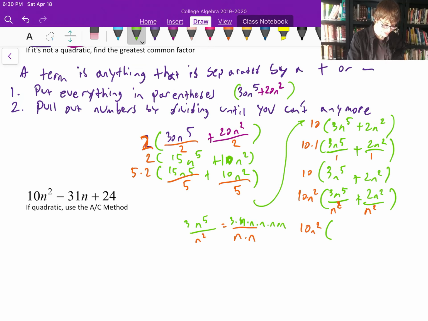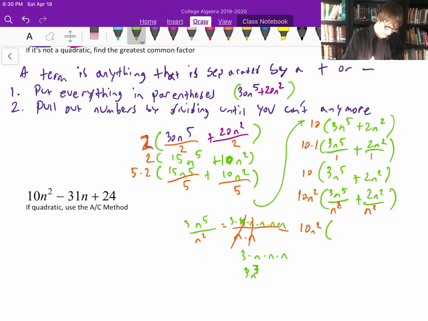I really want you to make sure you understand this, because this is vastly important. In the process of division, we just cancel out some n's. These n's cancel out, those n's cancel out, and we're left with 3 times n times n times n, which is the same thing as saying 3n cubed.